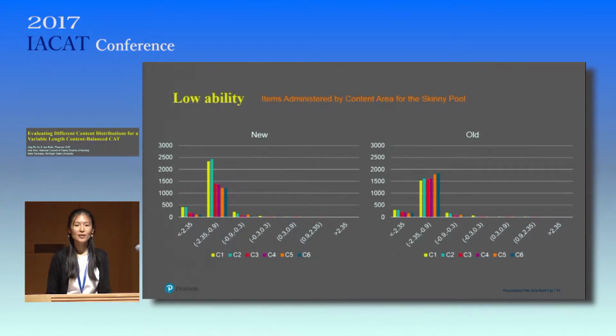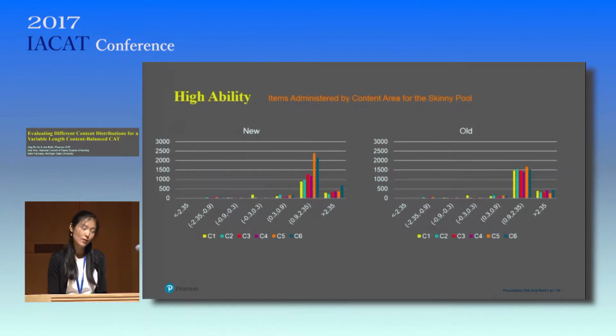While for the old design, you don't see this pattern. And for the higher ability groups, still you can find that for the new design, it lets more items be exposed for the harder content areas, for the difficulty bins. However, for the old design, you don't see this pattern.